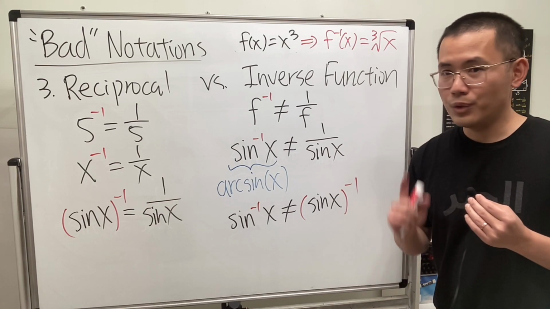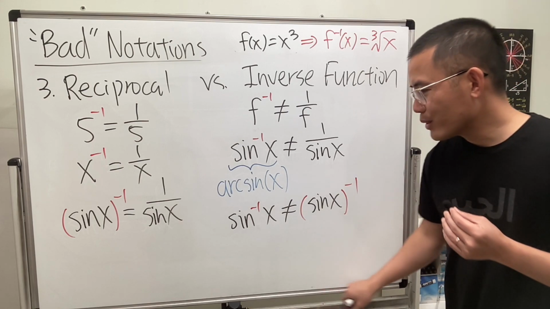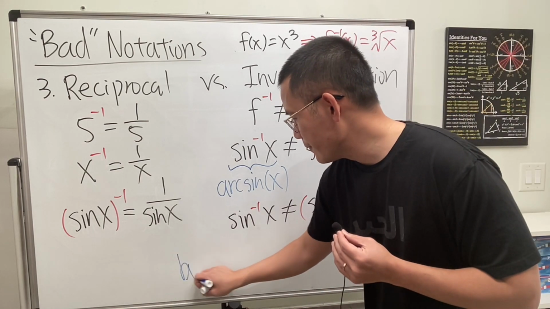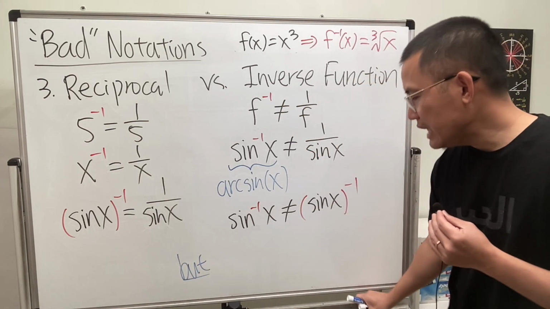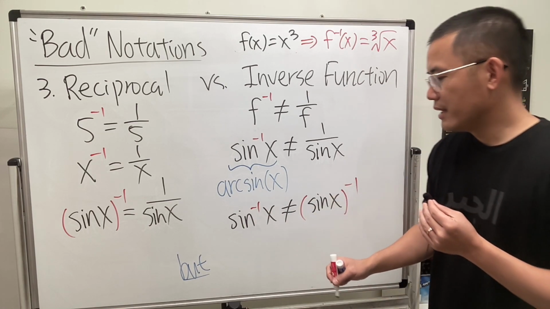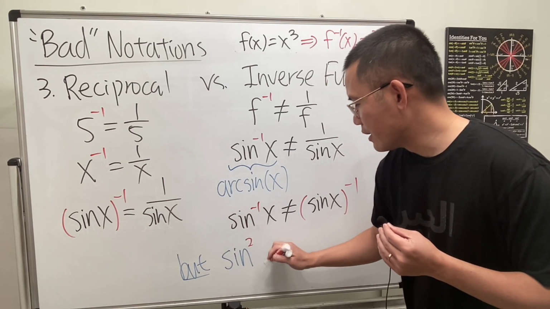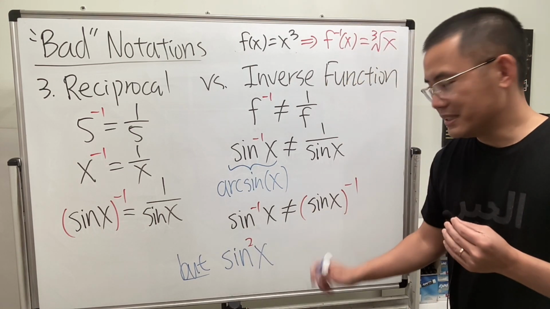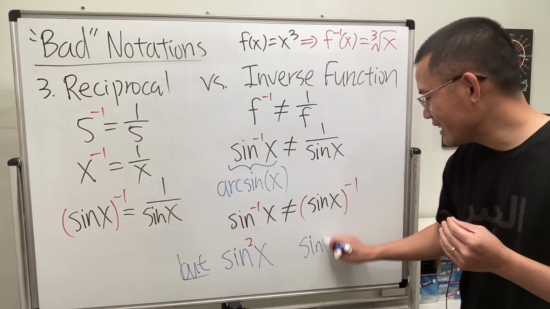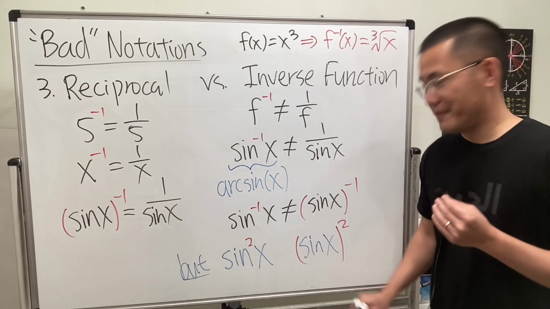I also know what you are thinking. What if we don't have -1? I am going to tell you guys, okay? Besides the -1 notation, if we have, let's say, sine with a little 2 on x, this compared to sine x and then the 2 on the outside, they are the same.